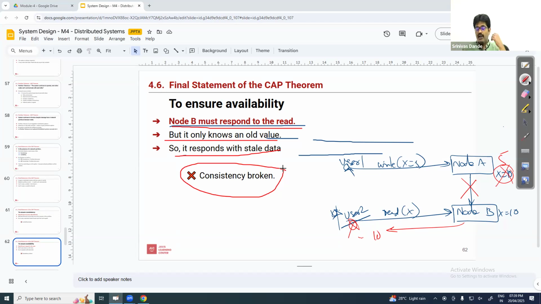That's what it is. If you revise the replication topic we studied, most distributed systems will have one primary, one master taking the write operations, and multiple read replicas. Do you remember the types of replicas we discussed?